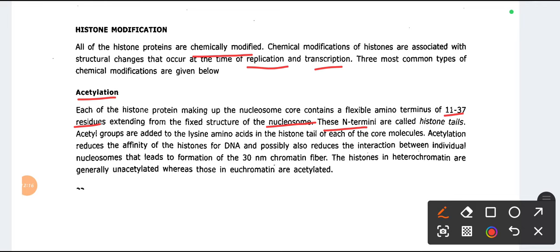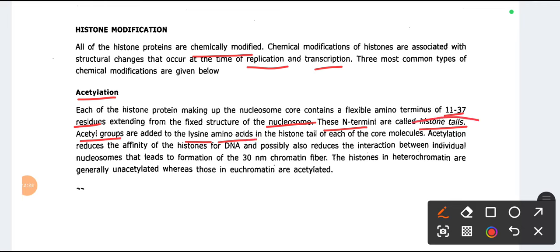The N termini are called histone tails. To these histone tails, which have lysine residues, acetyl groups are added to the lysine amino acid.